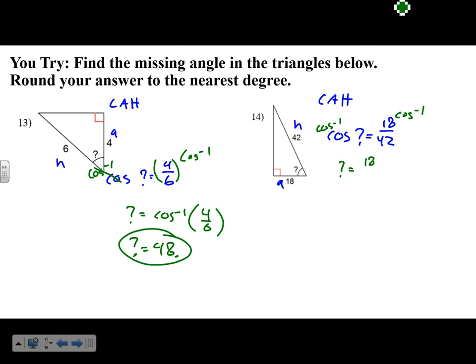Make sure, again, when I write it up here, it's just to jot some notes down, but make sure the inverse cosine comes before that ratio. If you do it the other way around, it's not quite right. Especially to type it in your calculator, that's the biggest thing you'll mess up. That ends up being 64.6, rounds up to 65.